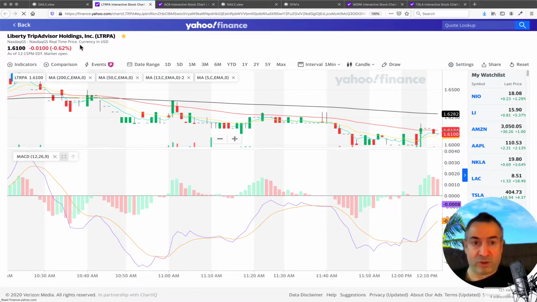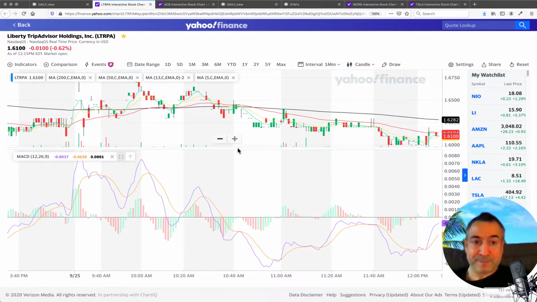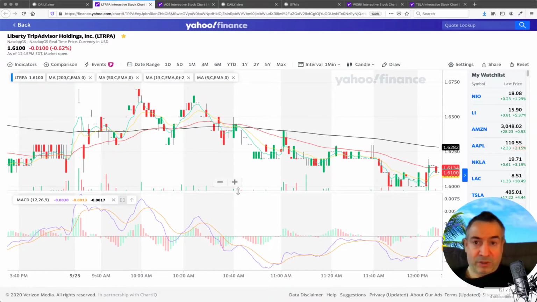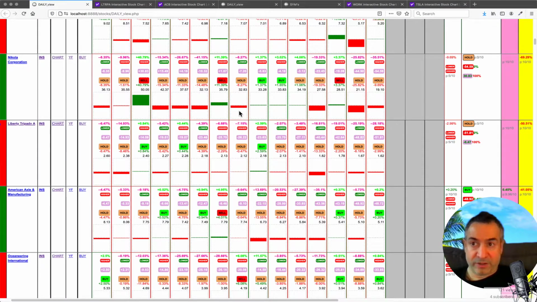It's a stock I used to trade a lot before, and at one point, I stopped trading it. But look what's happened lately. It has been going down, but as you can see, today's drop is very little in comparison to previous days.